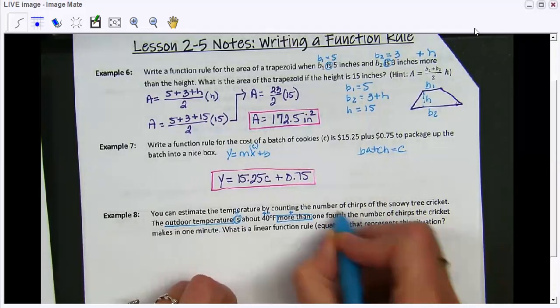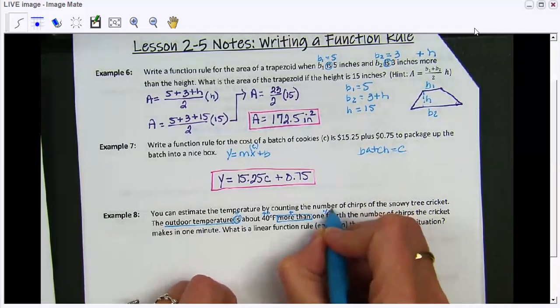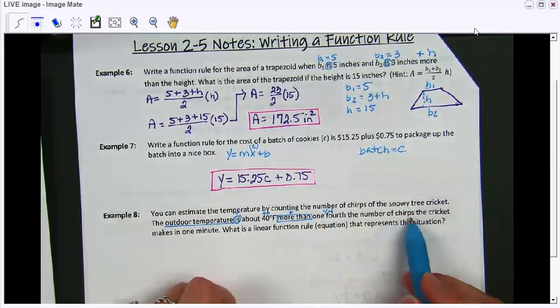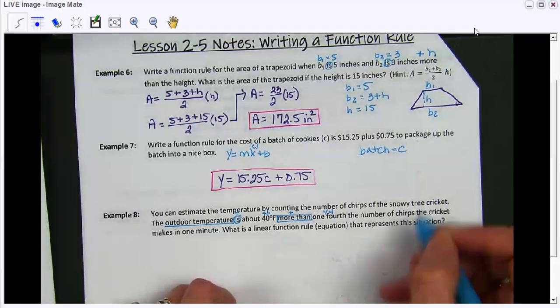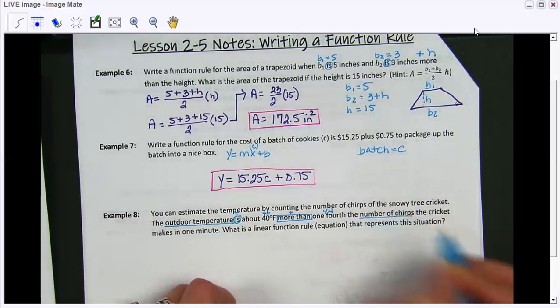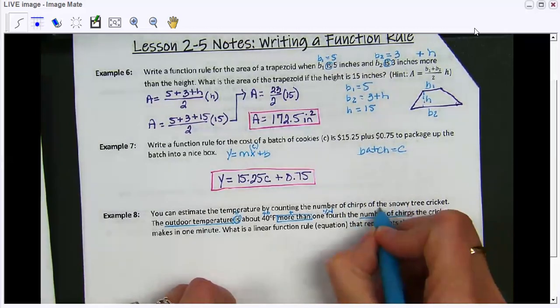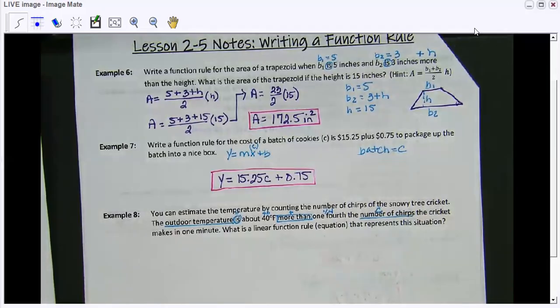1/4 the number of chirps the cricket makes in 1 minute. So we need to have a variable representing the number of chirps. So I'm just going to use C. Okay.